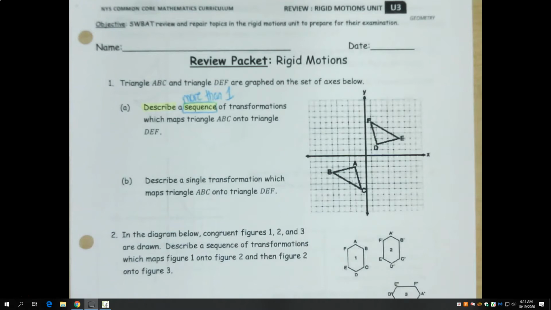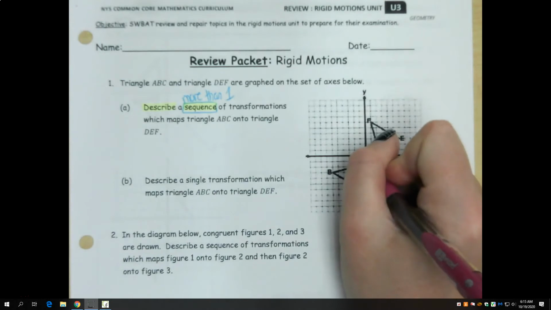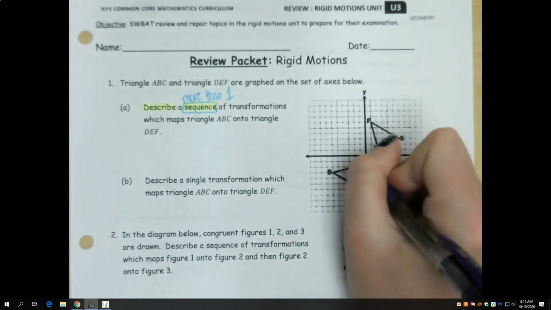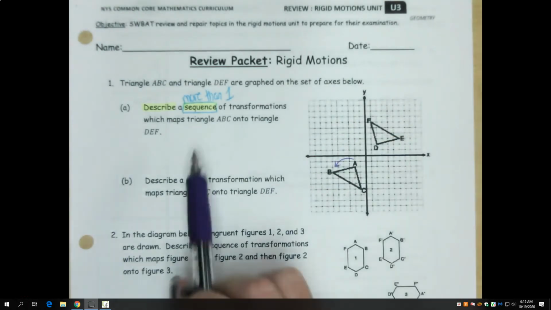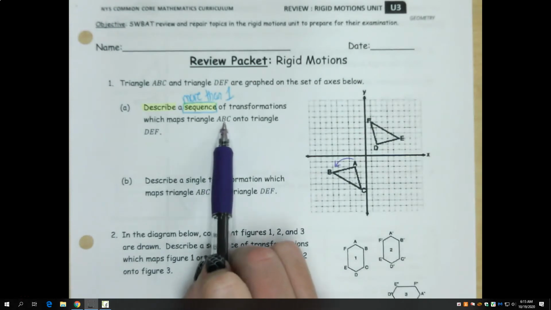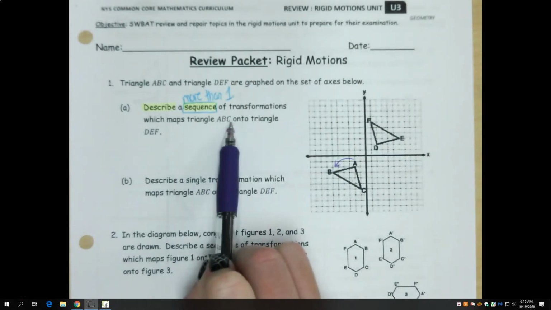So the first thing that I like to check is going to be the orientation. That's the order of the letters, because that will tell me if a reflection is taking place or not. As I'm moving from A to B, let me draw an arrow because that's the name of the triangle, A, B, C. So I'm following the order of the letters.